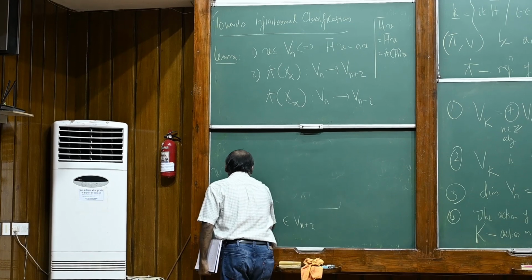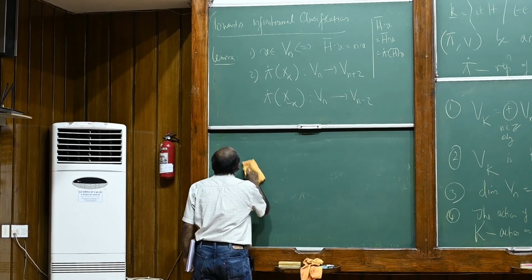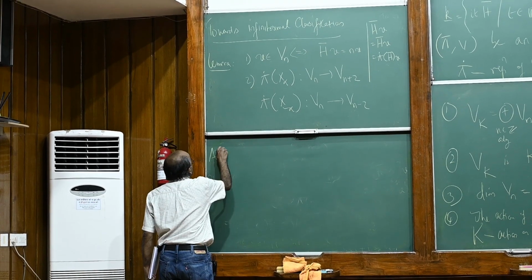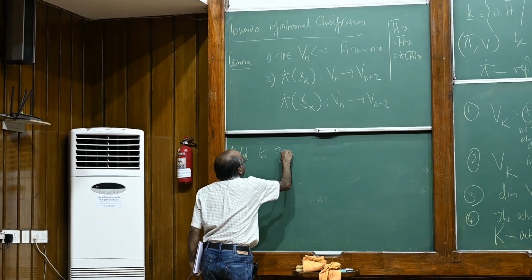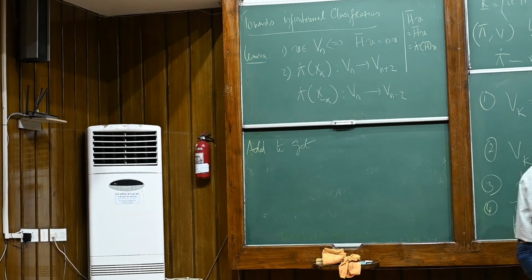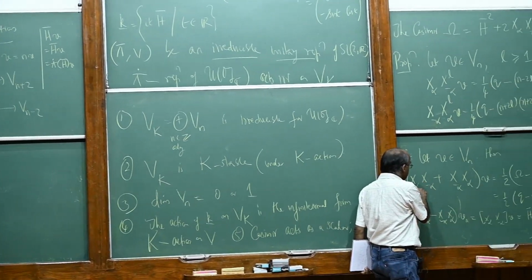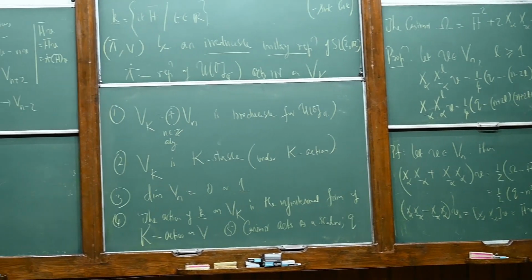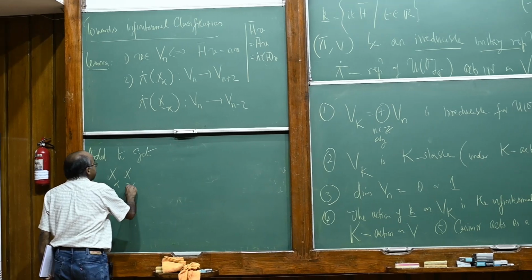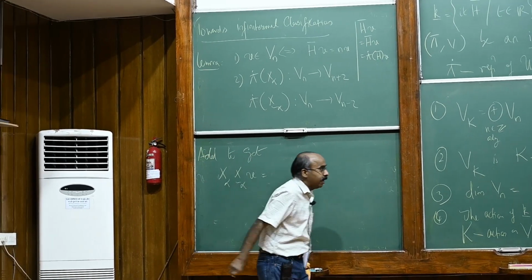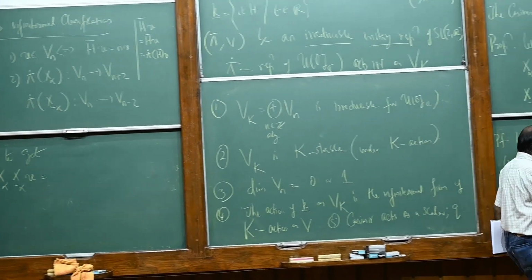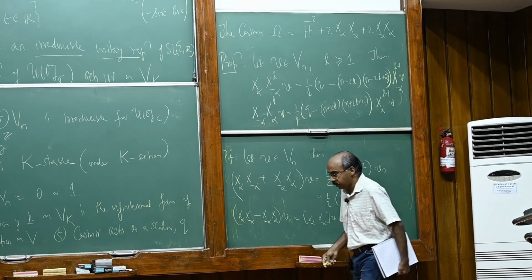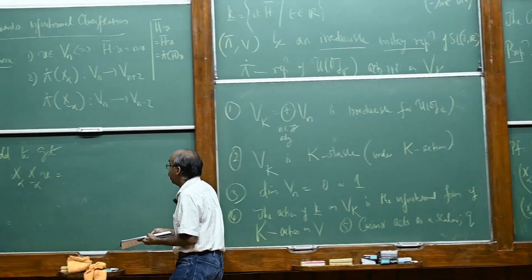And divide by 2, I have one expression, right? So I add them and divide by 2. So I'll have x alpha, x minus alpha acting on V. I add and divide by 2, so I'll have half Q minus n square plus n, divided by 2. So I'll just write down what it is.